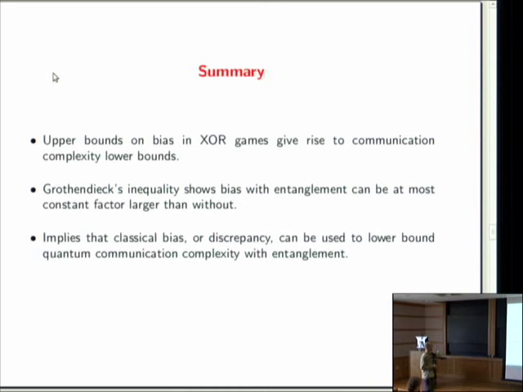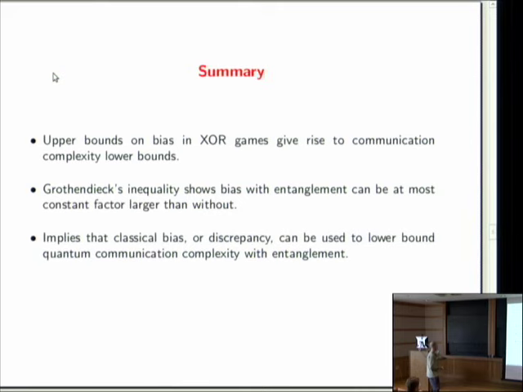And Grothendieck's inequality basically tells you that you don't have to worry about the bias with entanglement. You can just focus on the classical bias, because these are related by a constant factor. So this means that the classical bias, or the discrepancy, can be used to lower bound even this more powerful model of quantum communication complexity with entanglement.